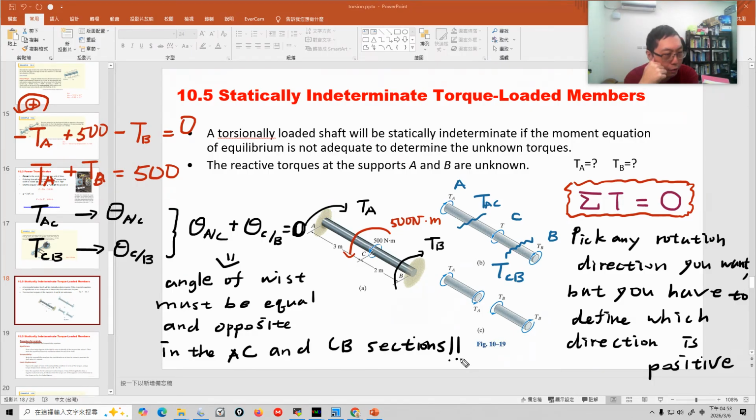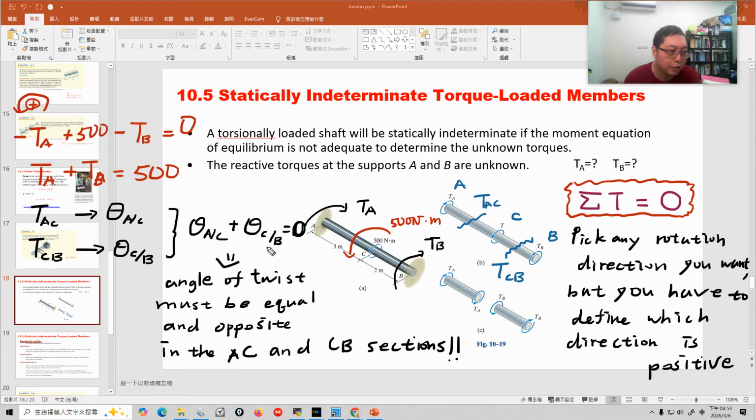Why? This is actually very easy to find. We have a deformation here, and a deformation here, angle of twist here and here. Why does it have to be equal and opposite? Because we can use another way to prove this.